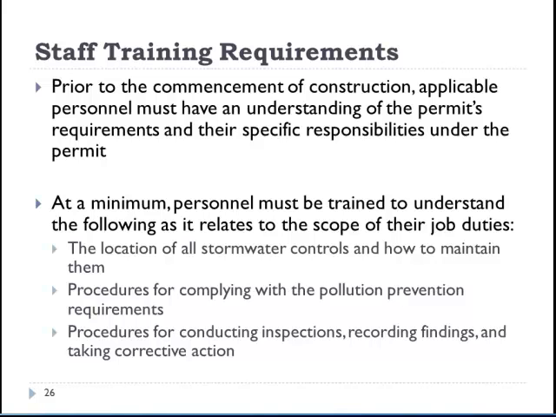And this will likely be spelled out in the SWPPP. Anyone who's involved in compliance with the permit should be identified in the SWPPP, and their responsibilities also identified. But at a minimum, those personnel need to have a basic understanding of where the stormwater controls are and how to maintain them, procedures that are in effect for pollution prevention, and also the procedures for conducting inspections, recording findings of those inspections, and taking corrective action.